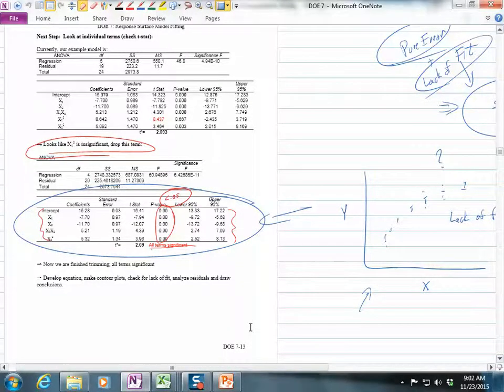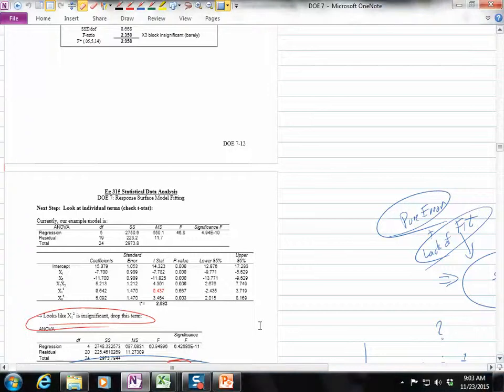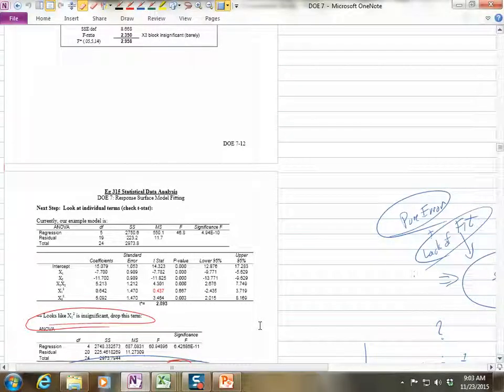So our procedure is fitting the full quadratic model, looking for outliers. If that looks good, then the next step would be to reduce the model down to only significant terms. And we did that in 2 steps. The first step was we looked at entire variables with all their terms, and we did an F test that looked at, okay, when we drop all those terms, how much did the SSE increase?